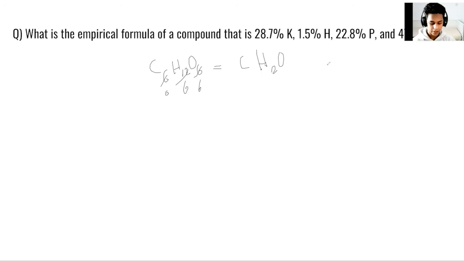Another example, C8H18: I'll divide both numbers by 2, which will be C4H9, and that is the empirical formula very briefly.